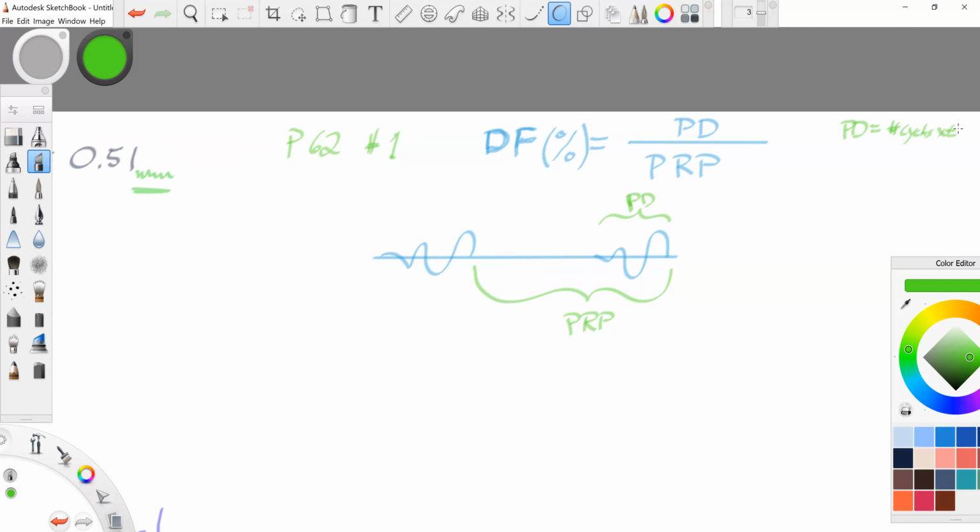Okay. I jumped to page 65 and look at questions 3 through 6. It uses these little illustrations here, and I drew them really poorly, but deal with it, guys. The first one shows a waveform like this.